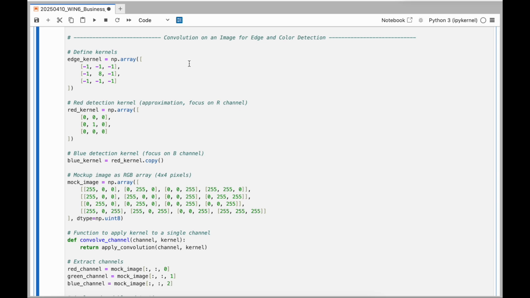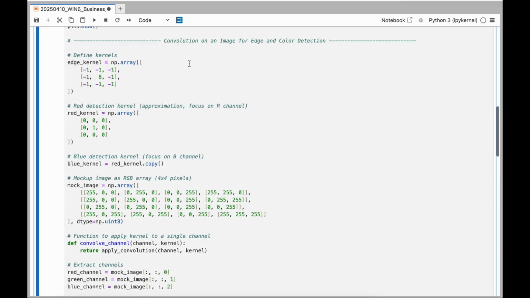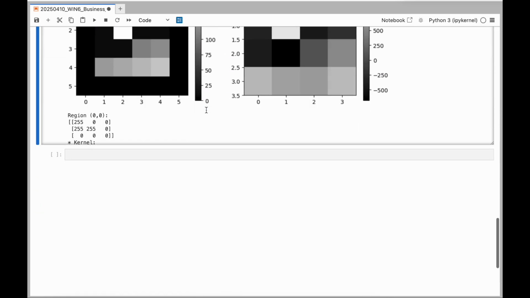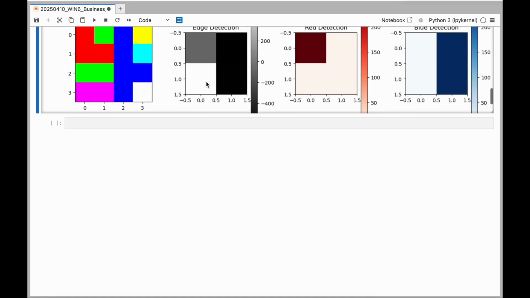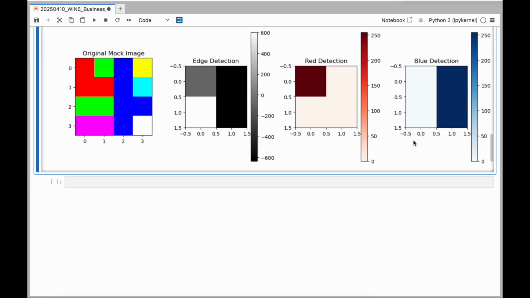So now we do some color detection. We have a kernel that does color detection. It's going to take one image that is now in color, and it's going to detect if there is red or blue in the convolution.